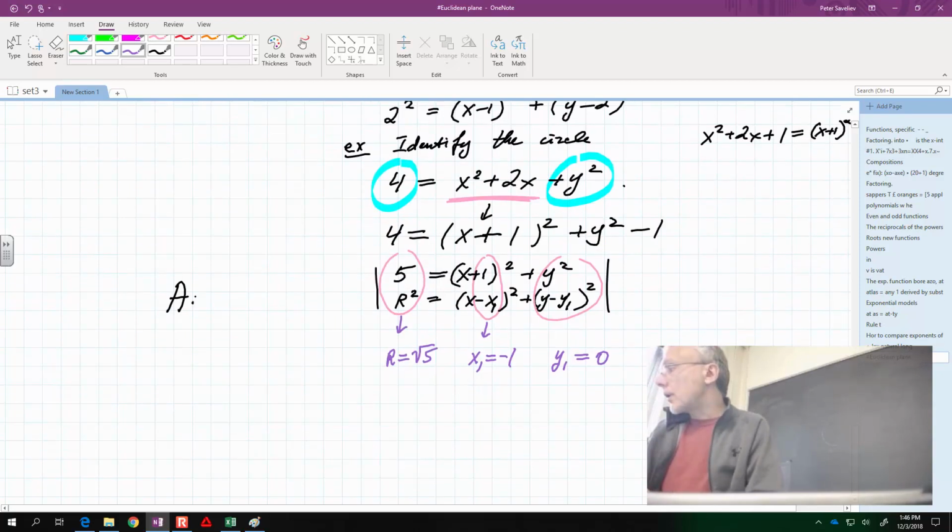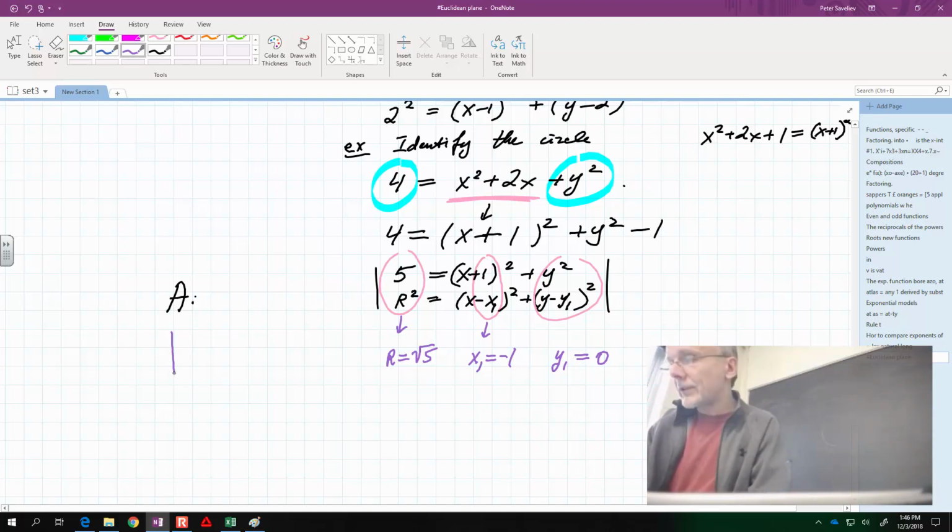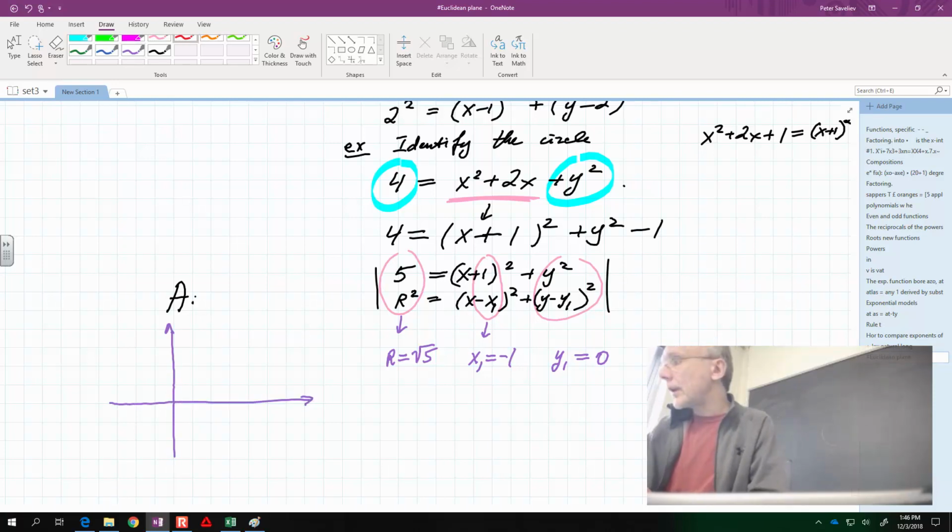Okay, so that tells you everything you need to know. You know the location of the center, and you know the radius. So you can actually plot it if necessary in a fairly easy fashion. So the point of the center is -1, 0. So it's here. That's the center, P.